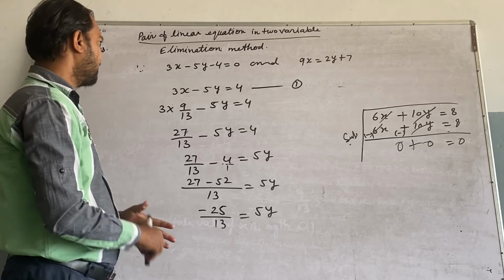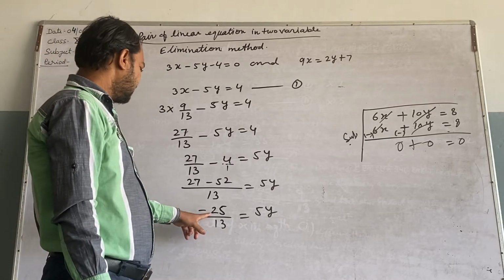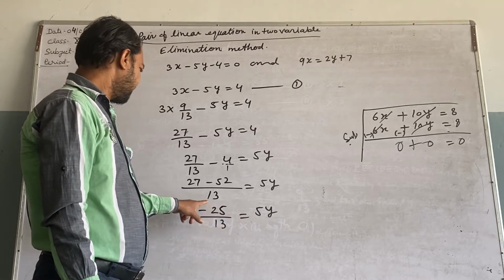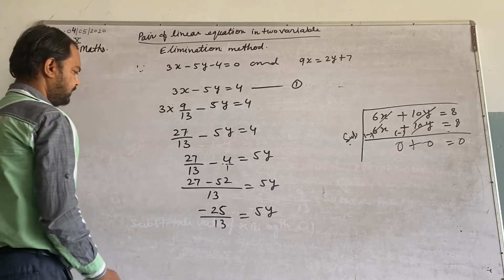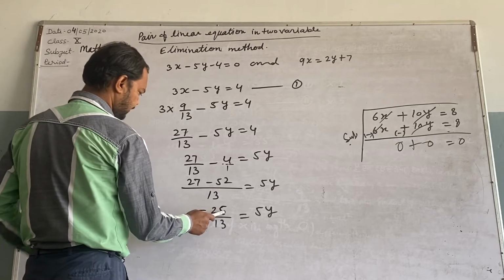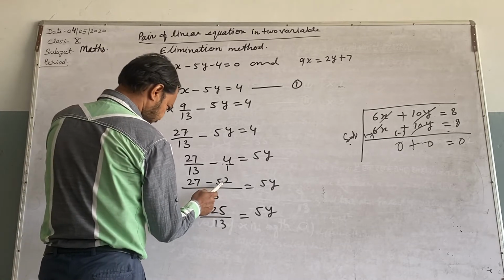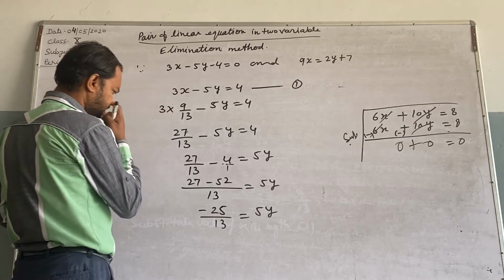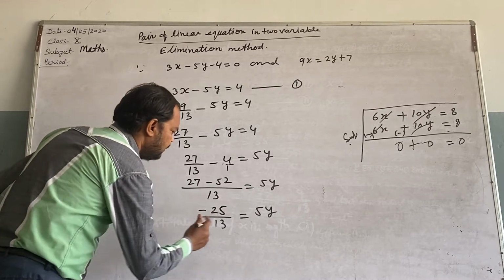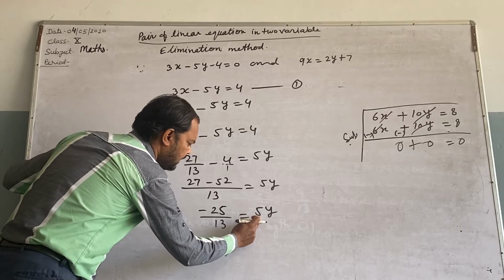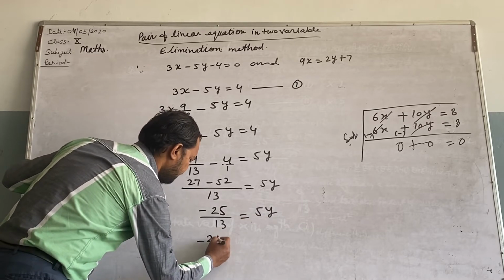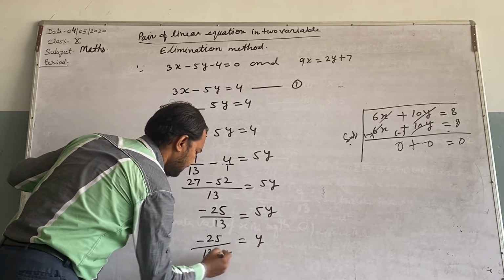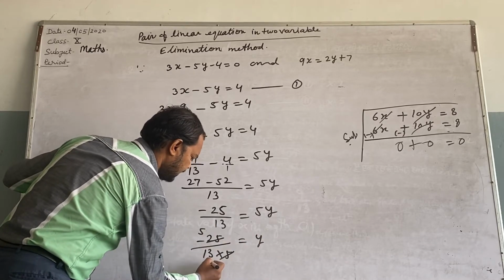Minus 25 upon 13 equals 5y. Now we can do cross multiplication: 13 into 5 equals y. 5 fives are 25, so this is minus 5.